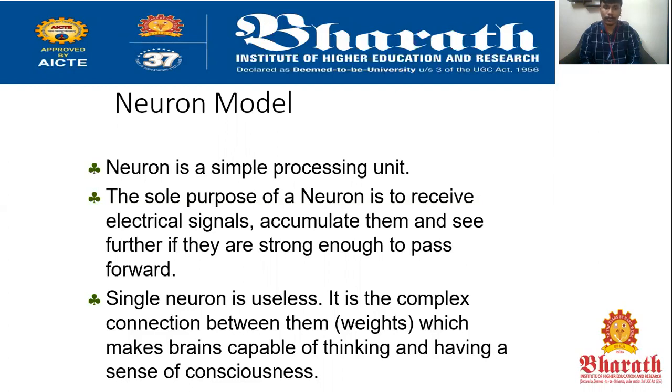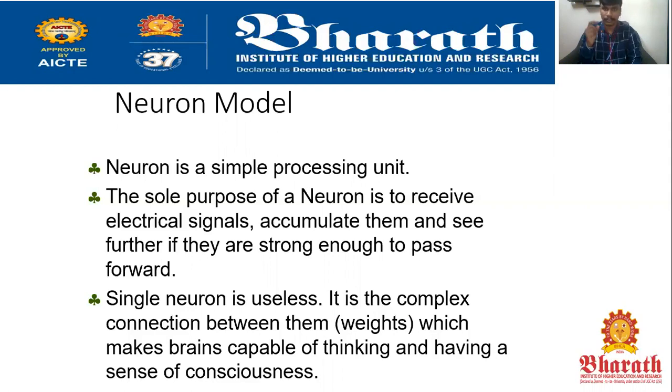And a single neuron is useless. This process cannot be done by a single neuron. The process of conveying and processing the information can be done by the connectivity of multiple neurons as a single network, that is known as a neural network.